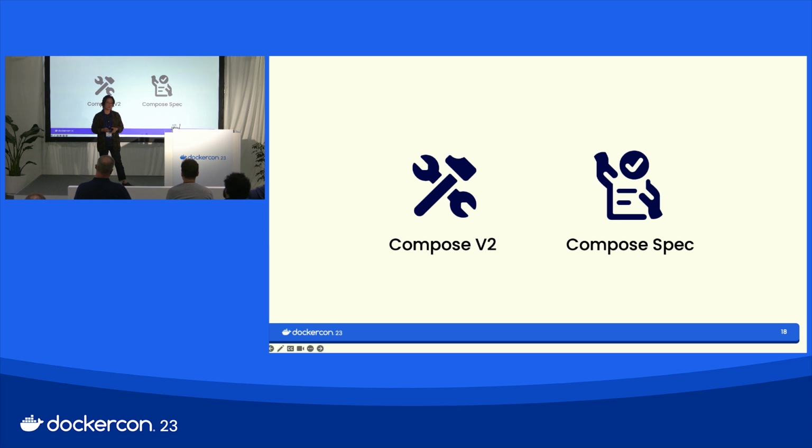And this was a complete rewrite where originally Compose was written in Python, and it has been completely rewritten in Go. And there was a transition there as well where we needed to address a lot of the ways in which people were already making use of certain nuances and particular ways that Compose functioned that were not entirely documented.